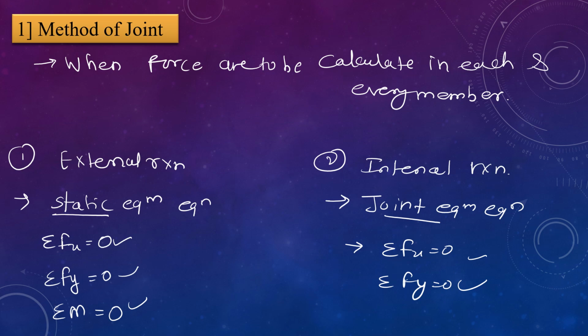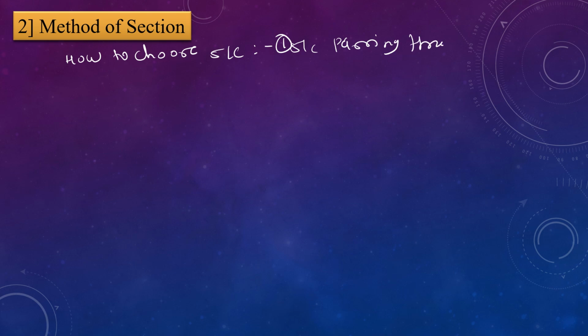The next method is method of section. In this method, first we'll decide how to choose a section to calculate the unknown forces. First, the section passes through those members in which forces are to be calculated.